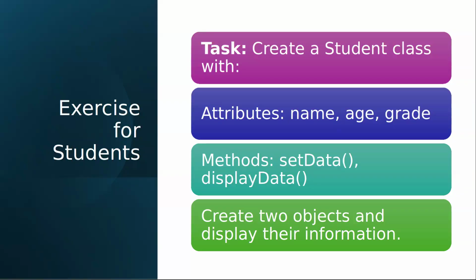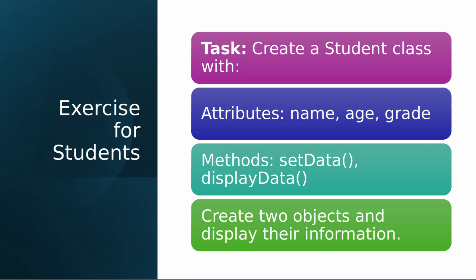Before we finish today's session, I'd like you to try a short exercise to apply what we have learned. Create a student class with 3 attributes: name, age, and grade, and 1 method to set the data and to display or print them.